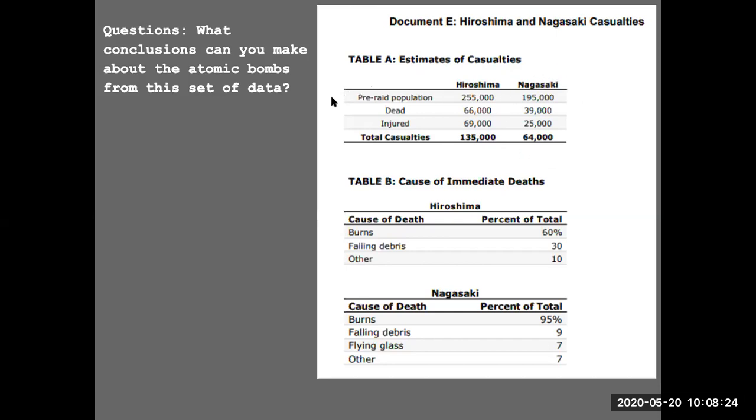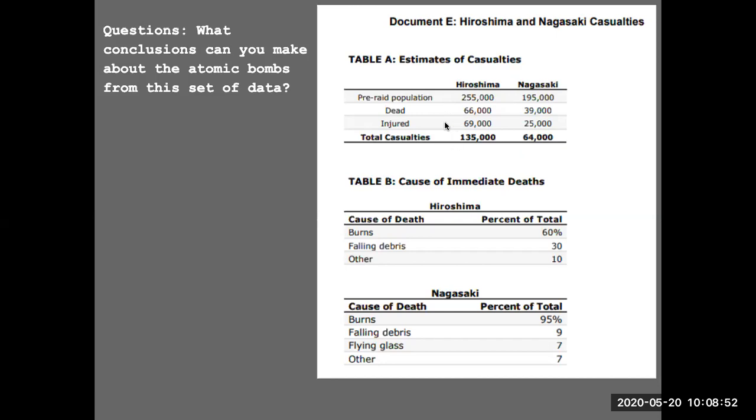We have the pre-raid population, which is the number of people before the bombs, the number of people who died from the bombs, and the number of people who were injured, and then we have totals at the bottom. So in Hiroshima, before the bombs were dropped, we had 255,000 people. Once the bomb was dropped, instantly 66,000 people died.